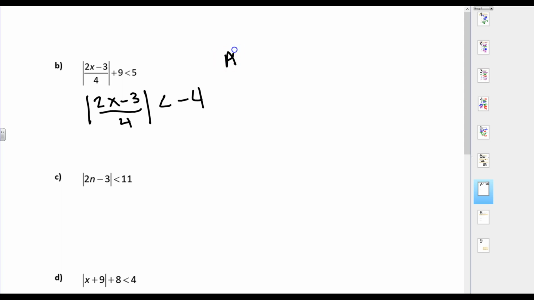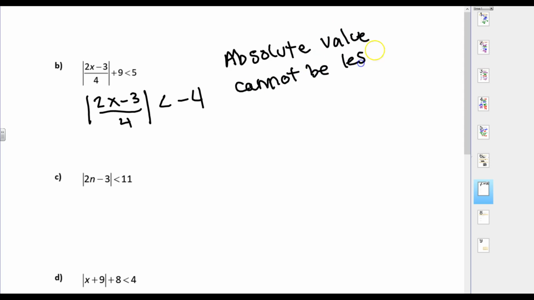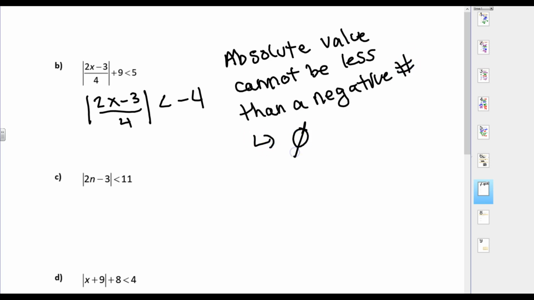So write this in your notes, guys: absolute value cannot be less than a negative number, that means that this guy has no solution.